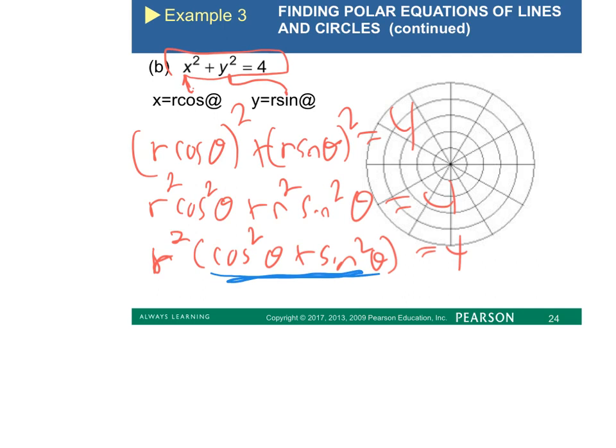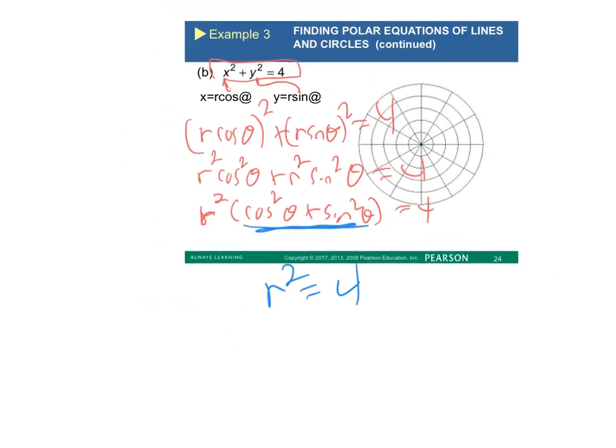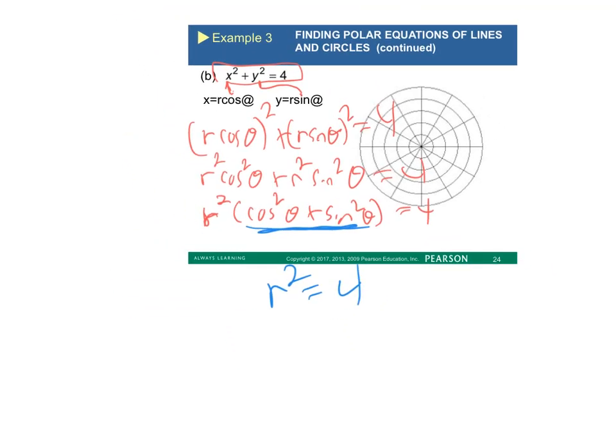Remember that identity? Sine squared plus cosine squared is equal to 1. r squared equals 4. Oh, this was r squared was 4, not r is 4. So square root it. r equals plus or minus 2.